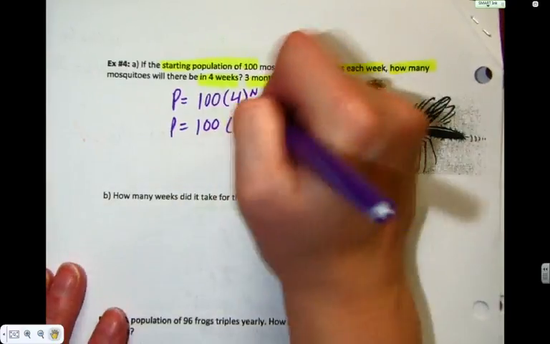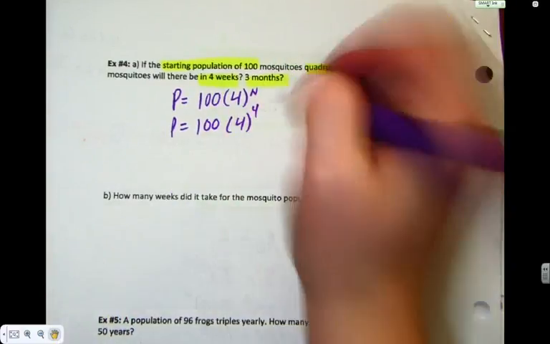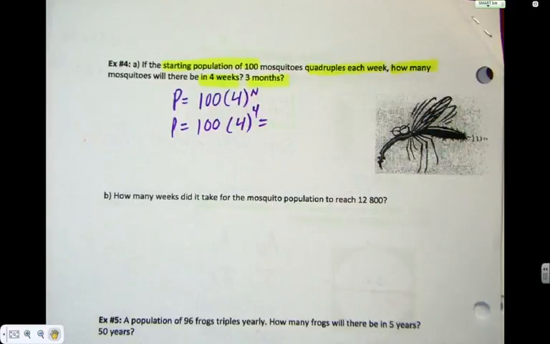In 4 weeks, so 4 is going to go up here. Again, this would be a calculator question. So on your calc, you're going to do 4 to the 4. Don't forget times by 100. How many mosquitoes will we have?